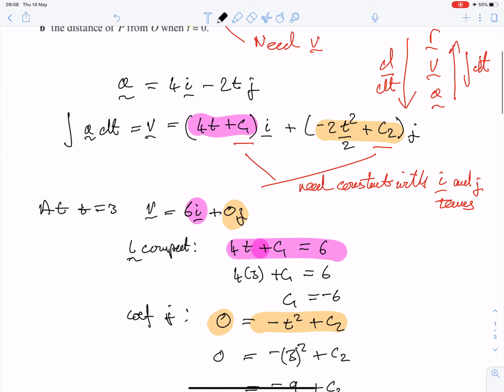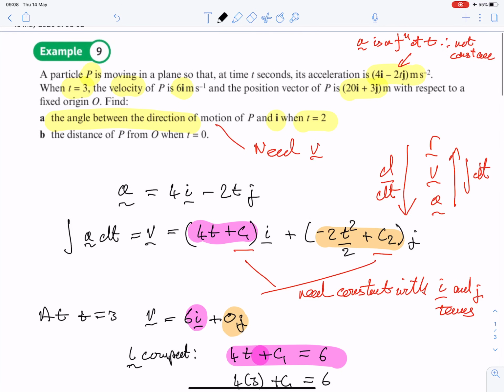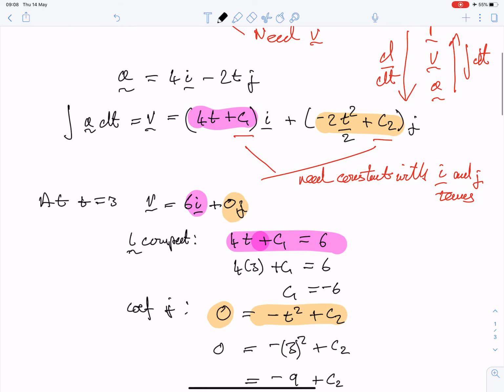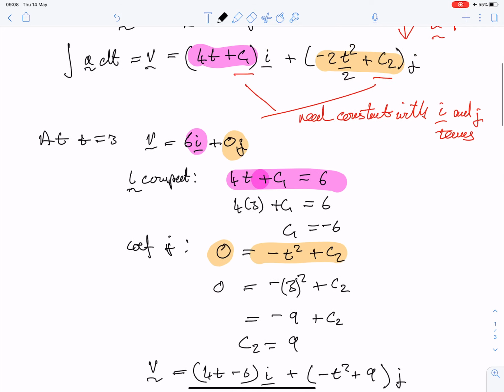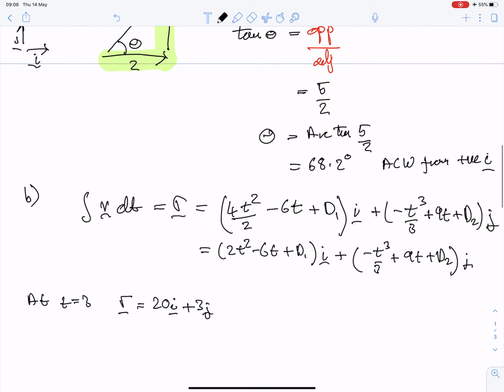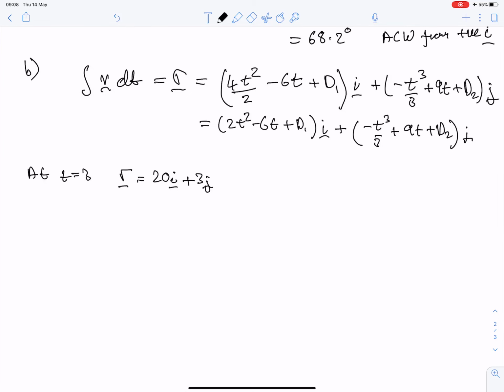Let's go back to the question and see what we're told. We are told that the position vector of P at t equals 3 is 20i plus 3j. So at t equals 3, r was equal to 20i plus 3j. I hope I've remembered that correctly. Let's just check. 20 plus 3, yes. Okay, so usual approach, we can now look at the components of i at t equals 3.